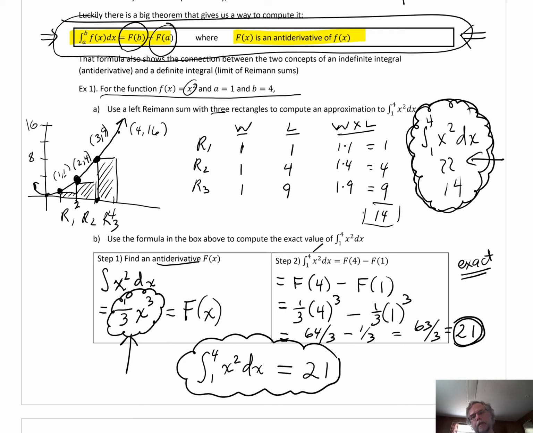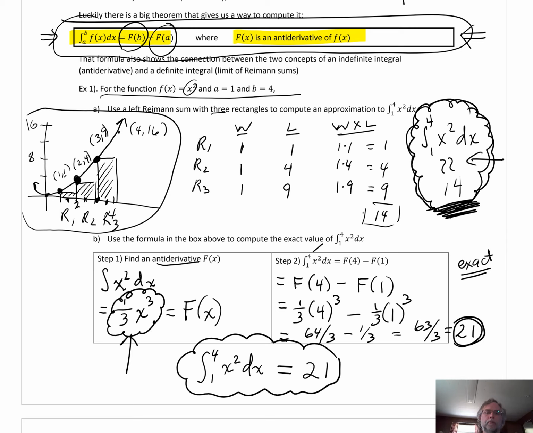So now that we got some numbers we can talk about, you can make a little bit more sense of the more and more rectangles bit. We did 3 rectangles up here, a very small number of rectangles. If we did the same type of process, but we used 6 rectangles, so if we divided each of these again and created more rectangles, we would get a number that would be closer to 21. 14 is pretty far.